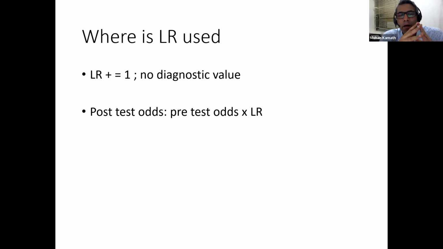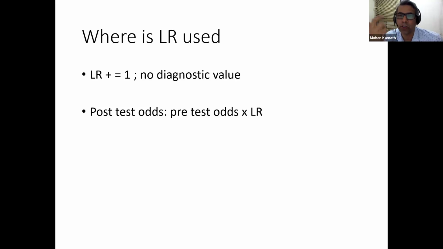A couple of points. If the likelihood ratio, let's say the positive likelihood ratio, is 1 or hovering around 1, then that test is actually not useful at all. And I will take you to a very interesting diagram. Whenever we are doing a test, let's say you start with the baseline that you're suspecting that this patient has a condition.